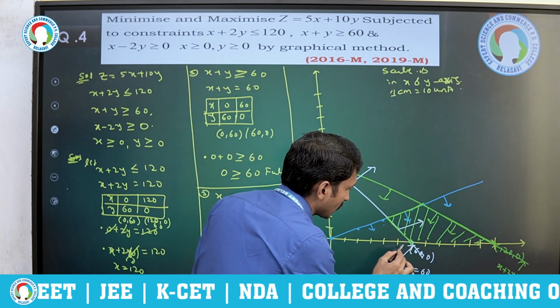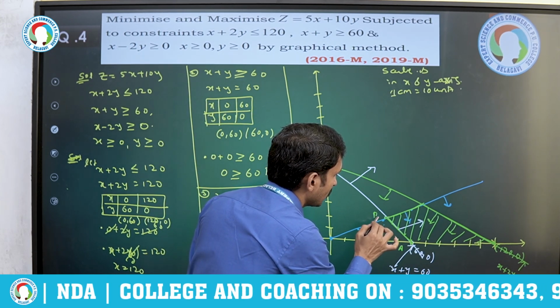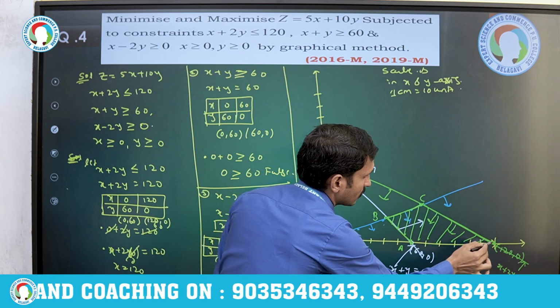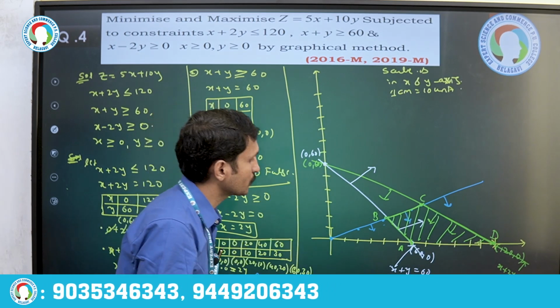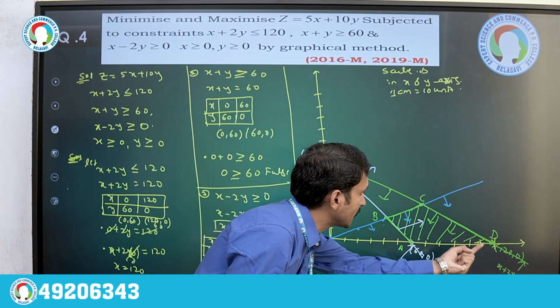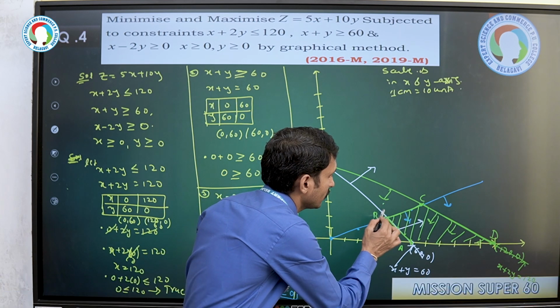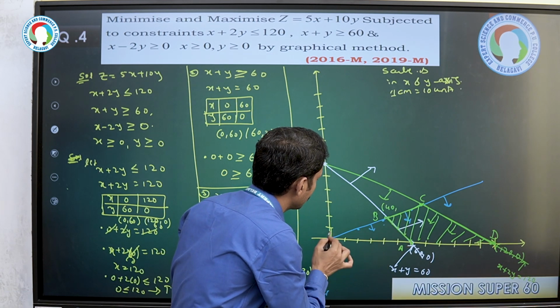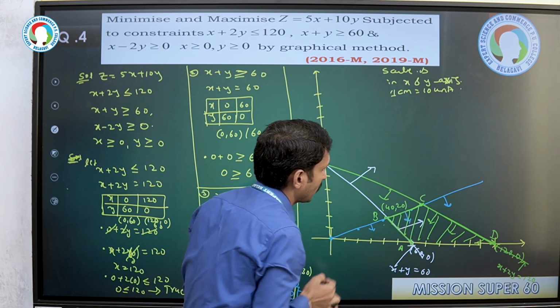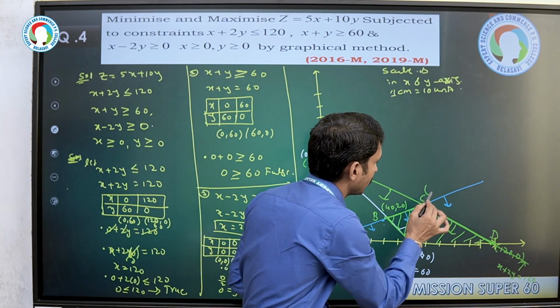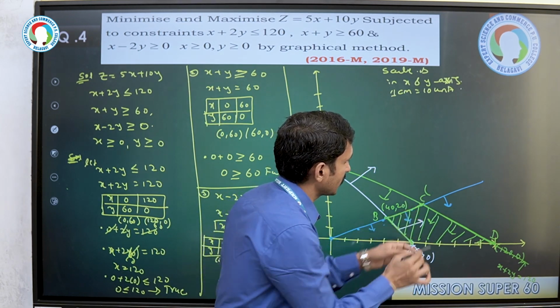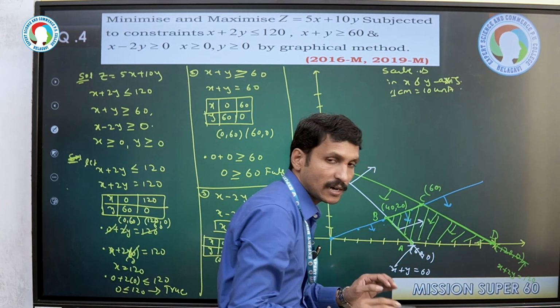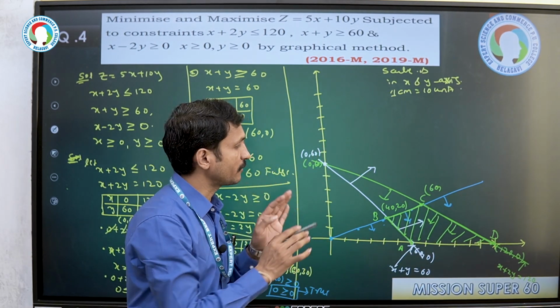Here you will get A, this is B, this is C, this is D. Here you write the B value: this is 40 and 20. And here the C value you will write: actually it is 60. In a graph it is exactly this.